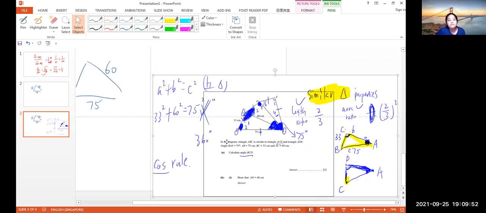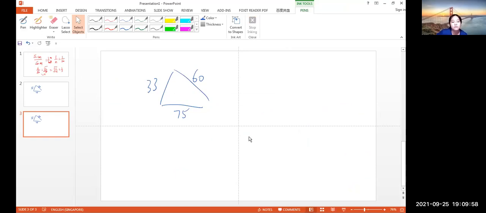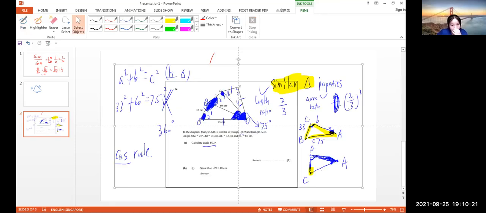So with this, you can actually find out the angle already. So this is your longest. These three values, right? 75, 33, 60, yes.